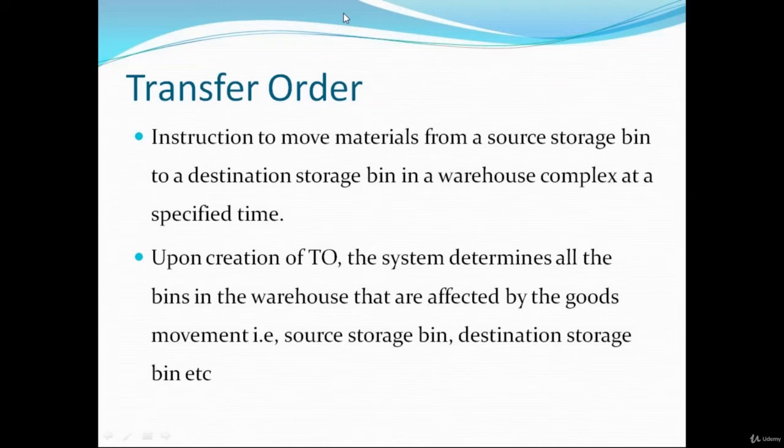That is the source storage bin, destination storage bin, etc. In the WM configuration and strategies, we specify initially which is the source bin and the destination bin. So while creating this transfer order, the system will check the configuration and strategies to determine the source bin and the destination bin.